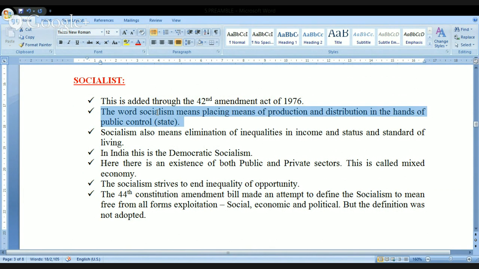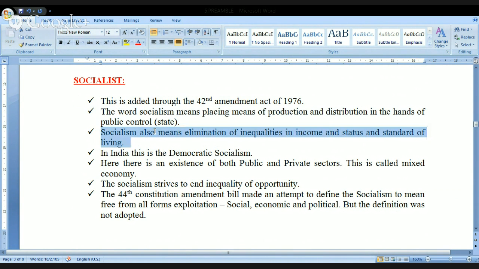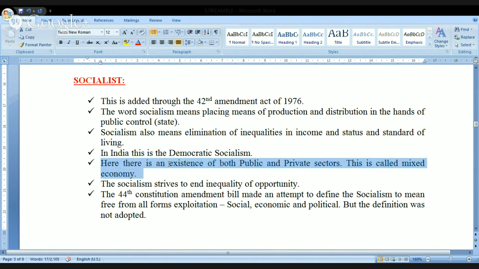This is nothing but placing the means of production and distribution in the hands of the public control. It also means elimination of inequalities in income and status and standard of living. In India, this is the democratic socialism. Here, there is an existence of both the public sector and also the private sectors.